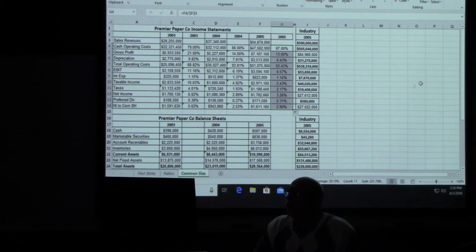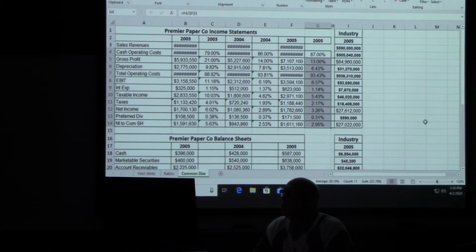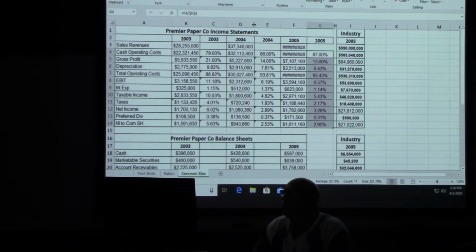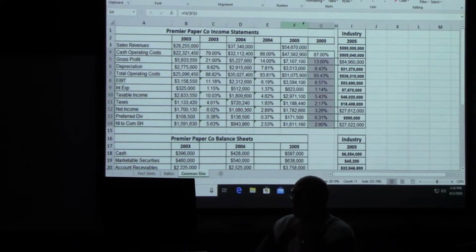All right. And so we can get a sense now. Let's go ahead and blow this up a little bit. Let's just look at the income statement for the time being. Okay, so let's take a look and see what's going on.